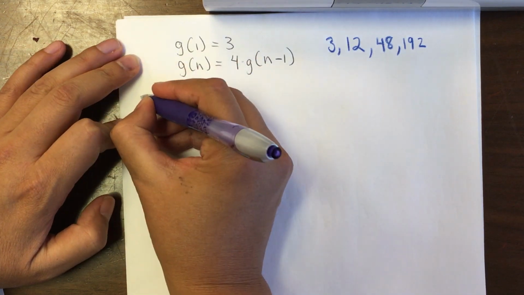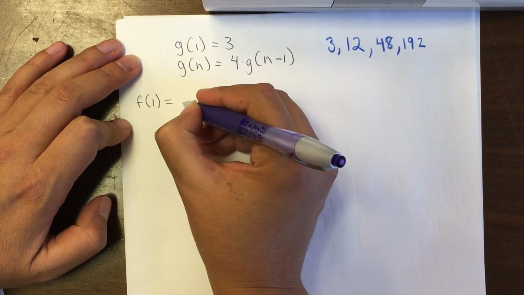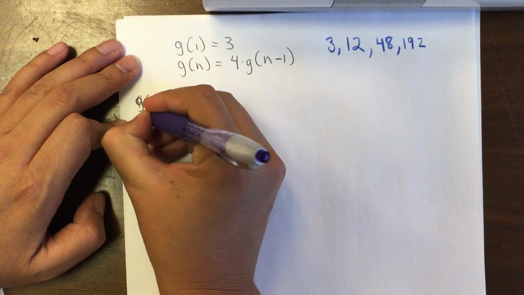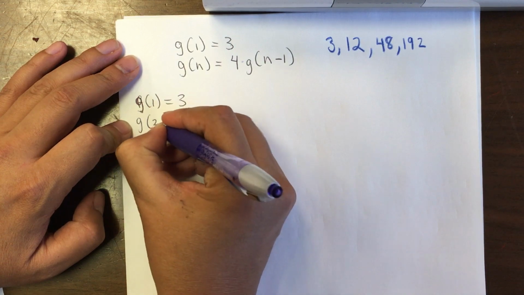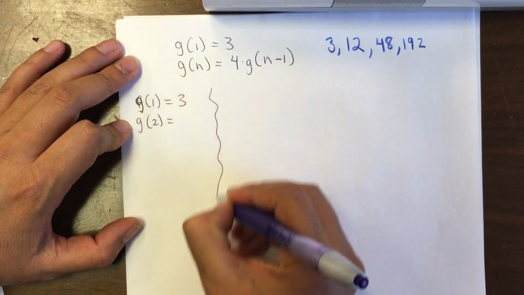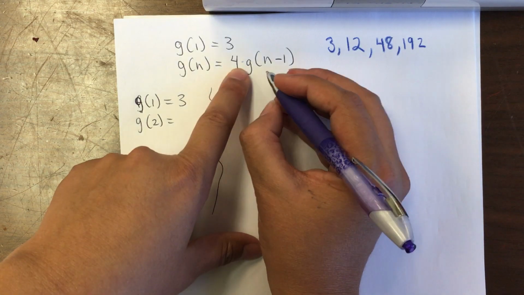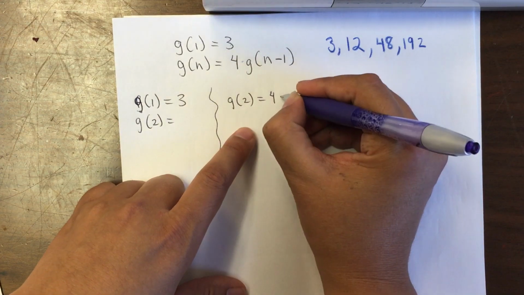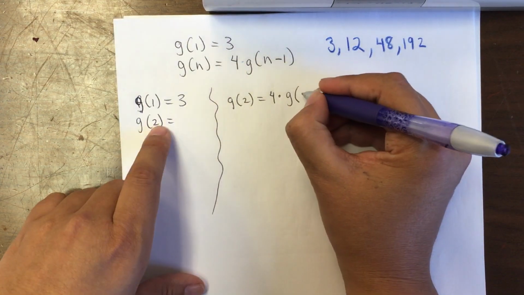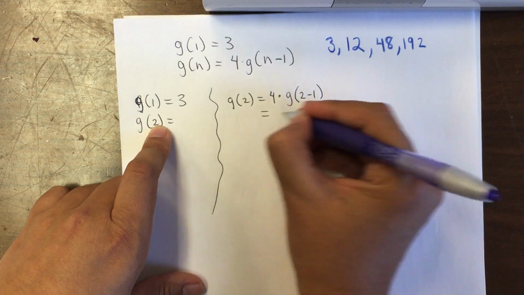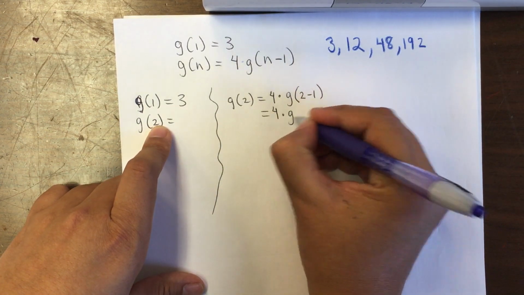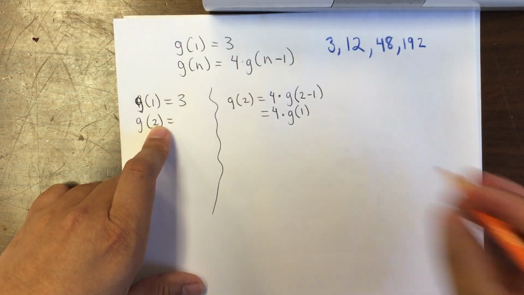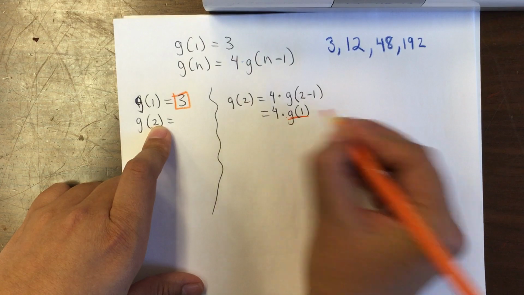And if you want to show the work, g of 1 is 3, because they are giving it to you. G of 2: it says g of 2 is equal to 4 multiplied by g of 2 minus 1, which is 4 times g of 1, meaning replace that in here.